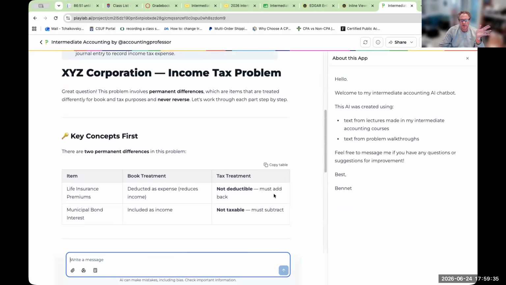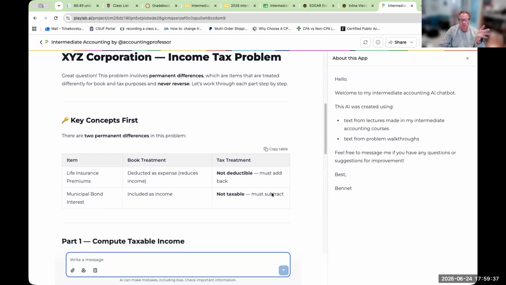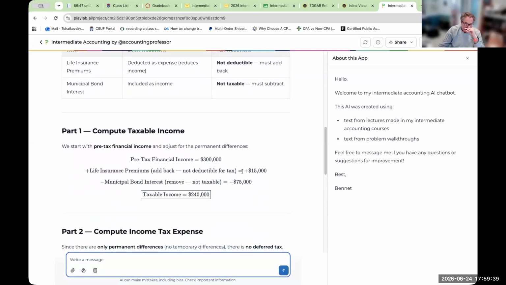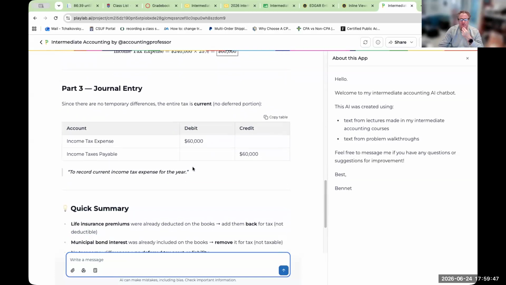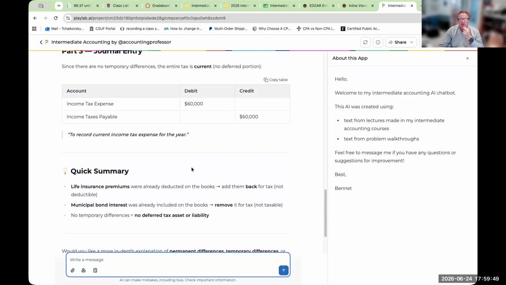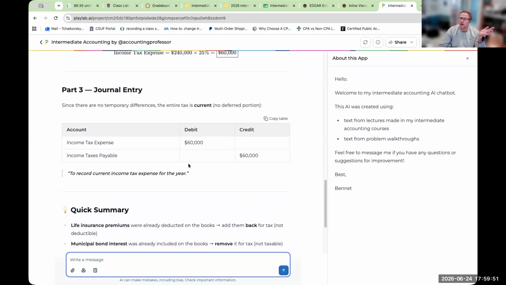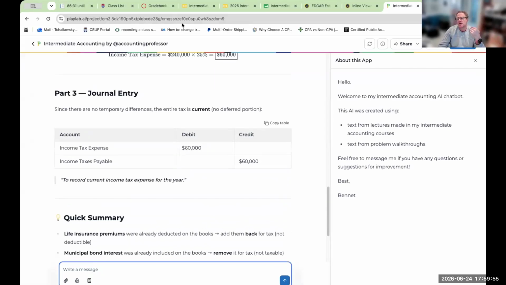Okay, so the life insurance premium, we've got to add that back, which is what we went through and did. And then over here, we got to our taxable income, and then computed the income tax expense. And lastly, we've got the journal entry. So this is a very simplistic problem, but hopefully it helps you better understand how these work.